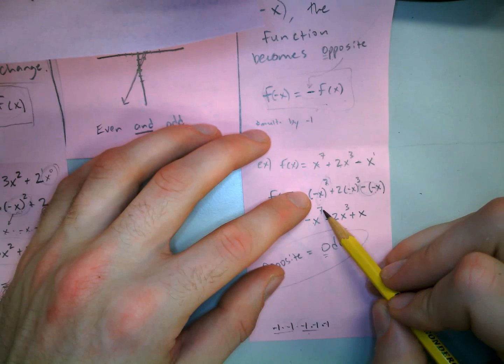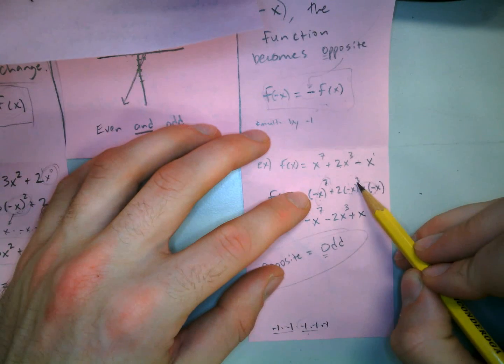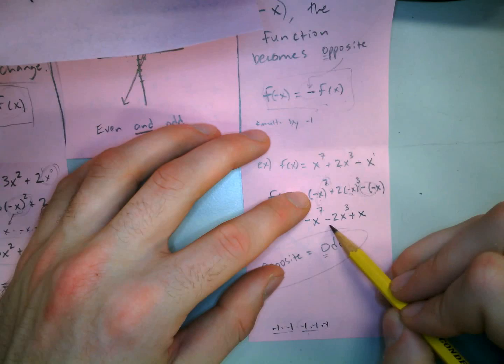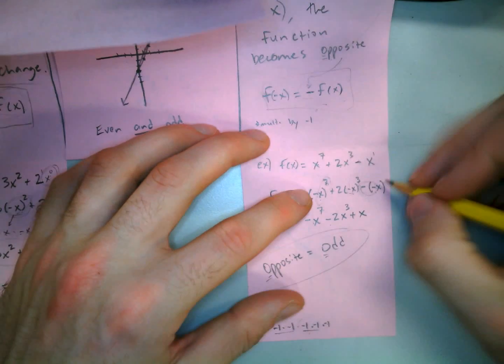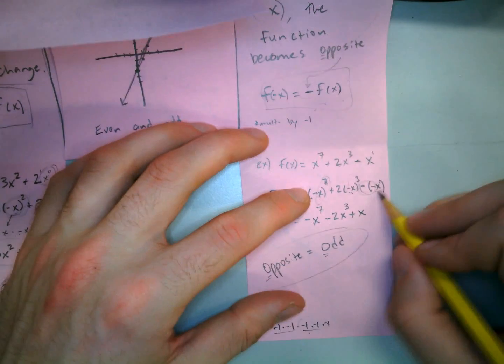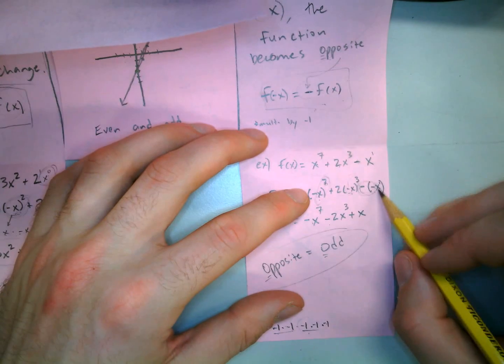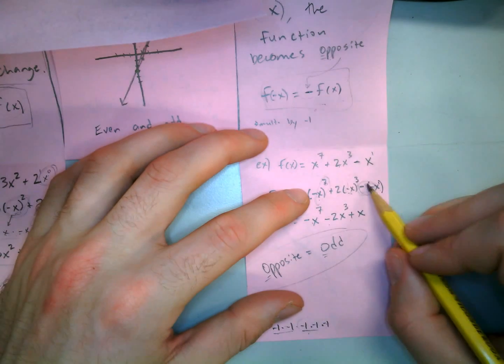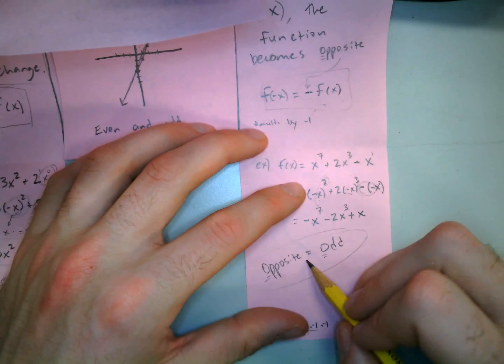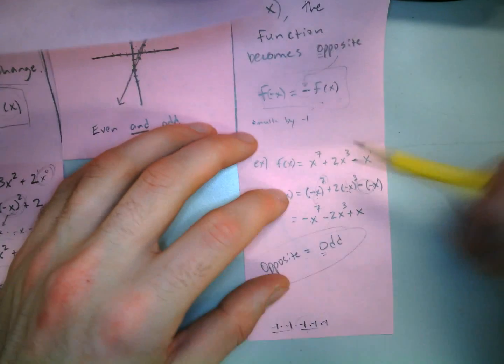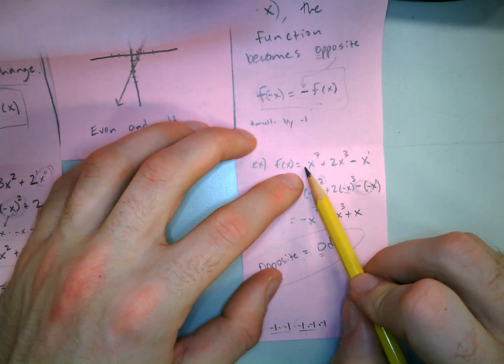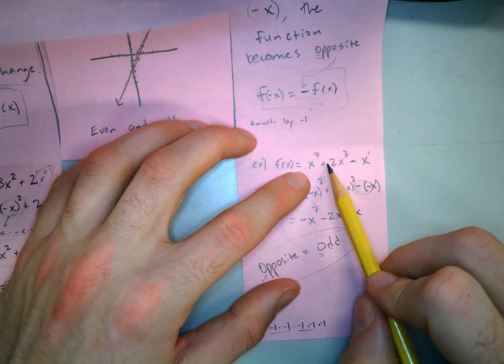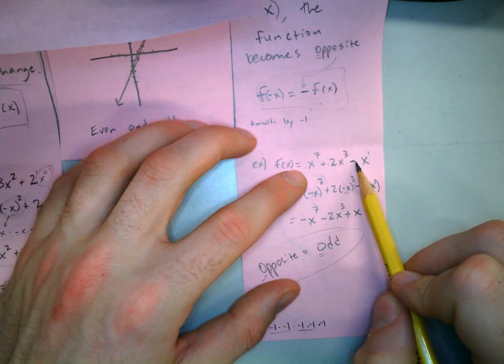Still has the exponent though, just like here. Odd exponent on a negative base, opposite. Odd exponent, yes, it's odd, there's a 1 there. Odd exponent on a negative base, opposite. Right? Minus a minus x is a plus x. Opposite of our original function. Take a look. We had positive x to the 7th, positive 2x to the 3rd, negative x, right?